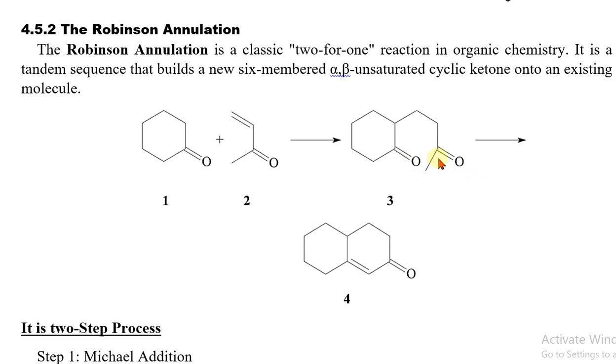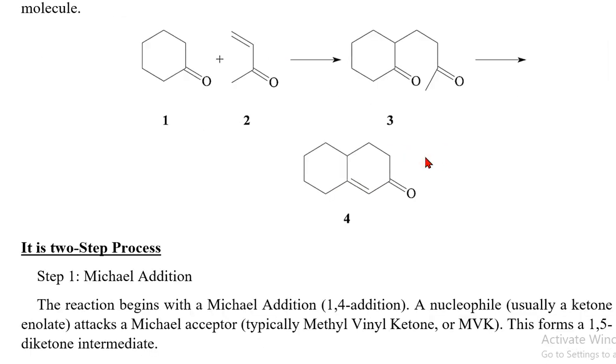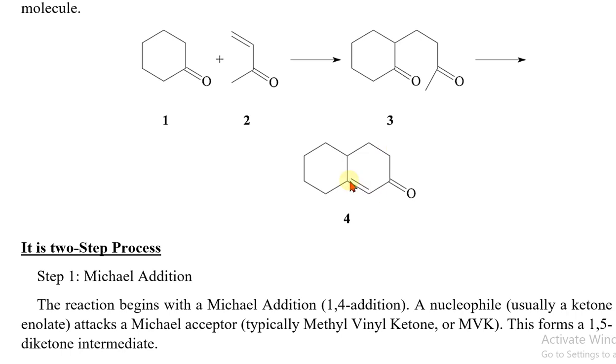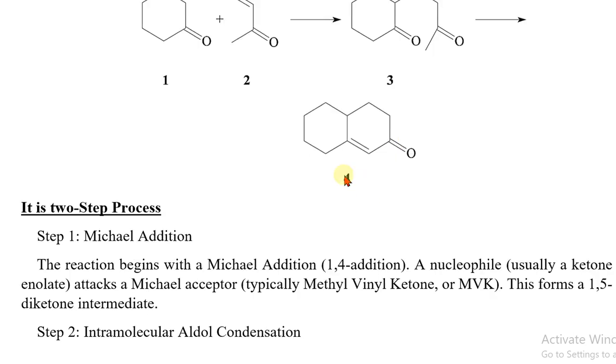It is like coupling between a diketone compound. So also it will generate a carbanion from here, and this will be added to here. And it will remove H2O from here to give you a condensation type reaction to give you an unsaturated compound.